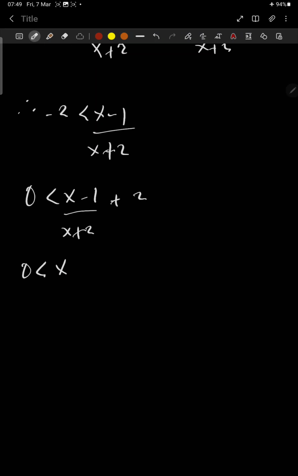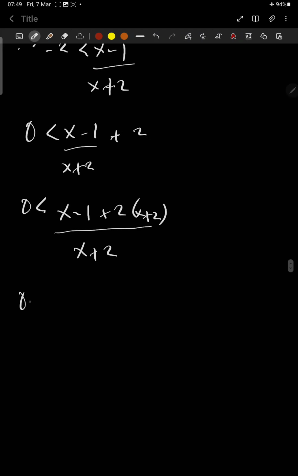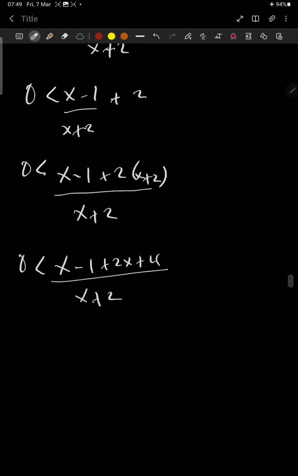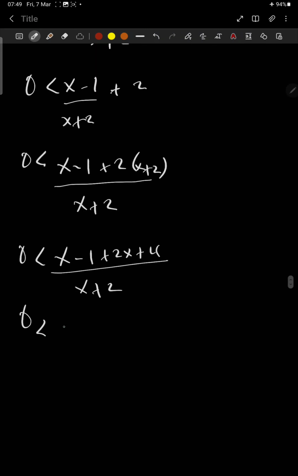We're going to have x minus 1 plus 2 times (x plus 2) over x plus 2. So this will be 0 less than (x minus 1 plus 2x plus 4) over (x plus 2). So this will be 0 less than (3x plus 3) over (x plus 2).